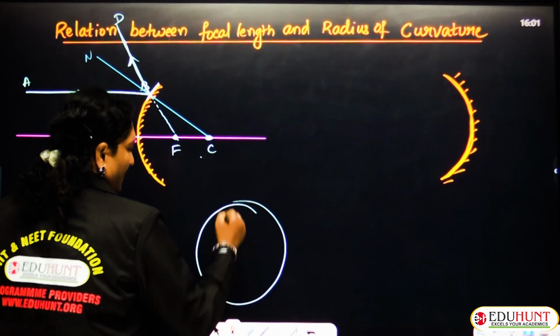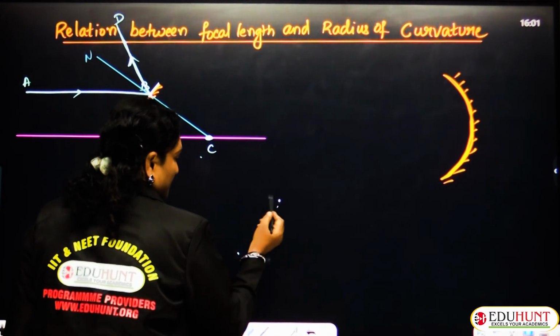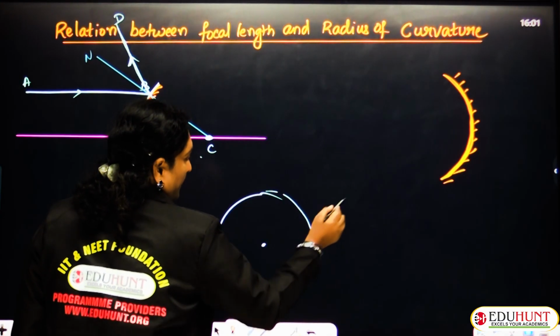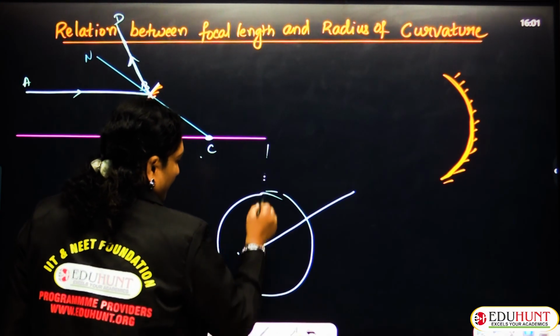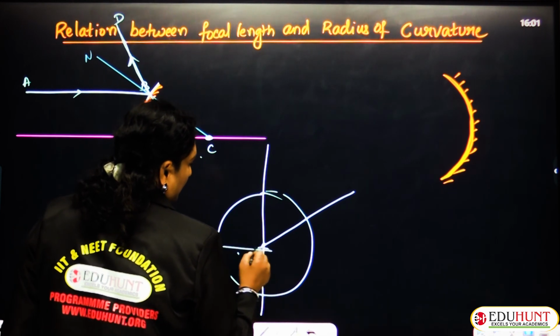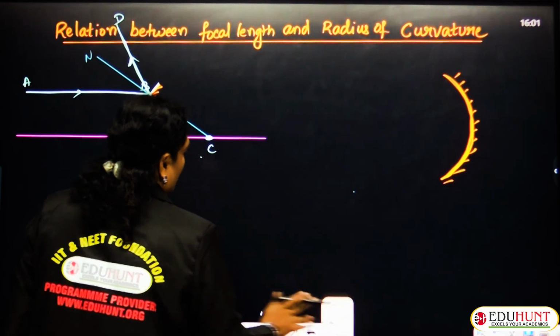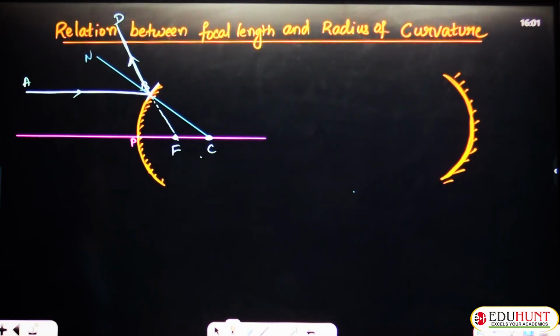Any light ray moving perpendicular to this will meet at the center of curvature. That is the normal drawn to this surface, N.